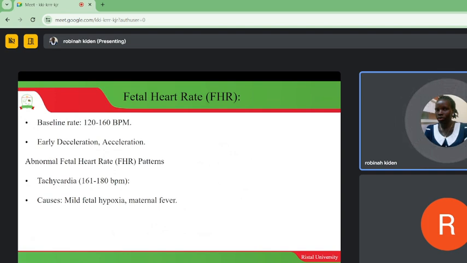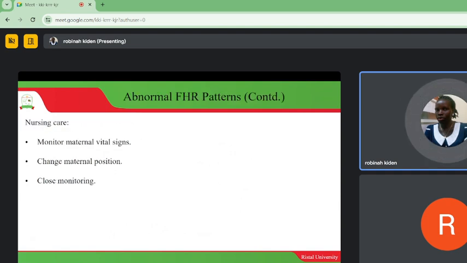Abnormal fetal heart rate patterns: tachycardia, when it goes beyond 160. Then you need to take action. Causes can be mild fetal hypoxia or maternal fever. If it is between 161 to 180, then you need to take action. Which nursing care do we give?